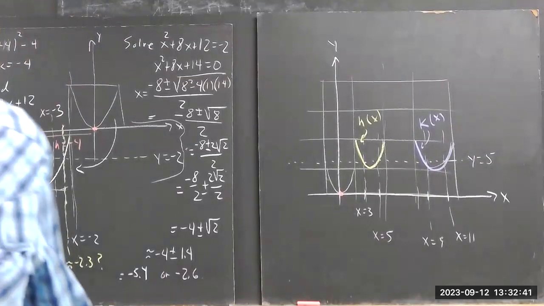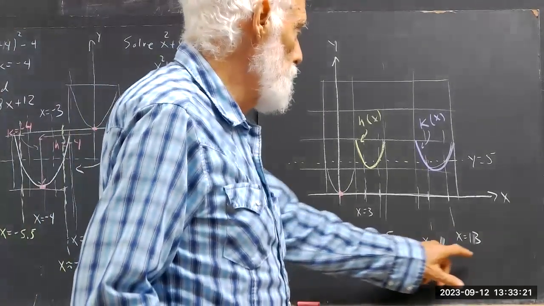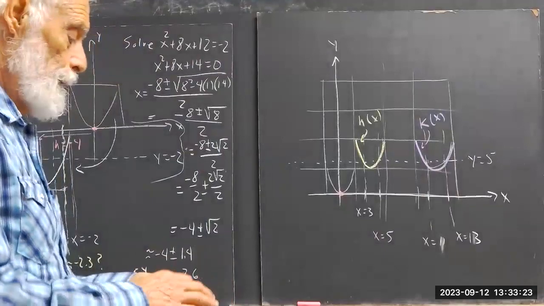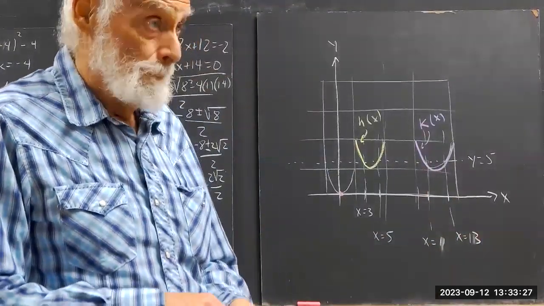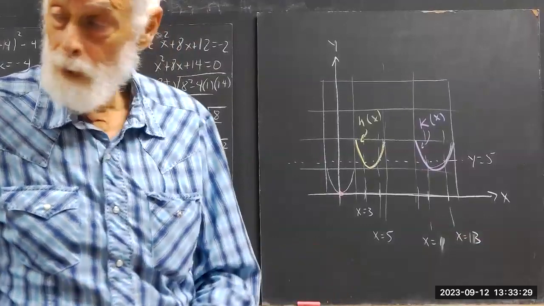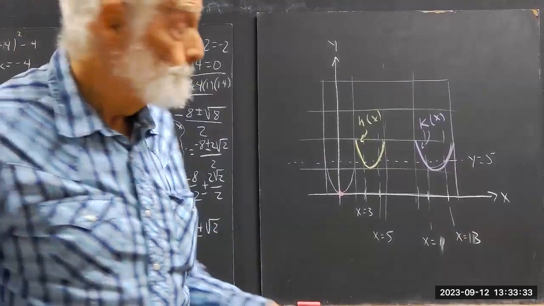Then I ask you to write out the equation for h of x and the equation for k of x. I pointed out that should have been 11 and 13. That's obvious. If you write out some numbers on here, you won't make the mistake I did. Just be careful. You know how big these squares are. You can figure out these coordinates.